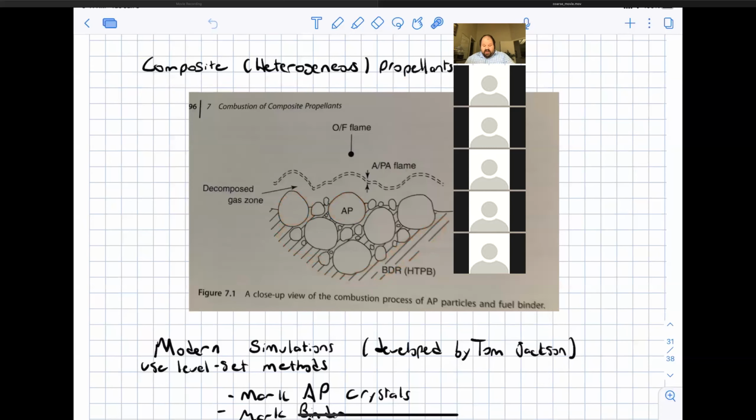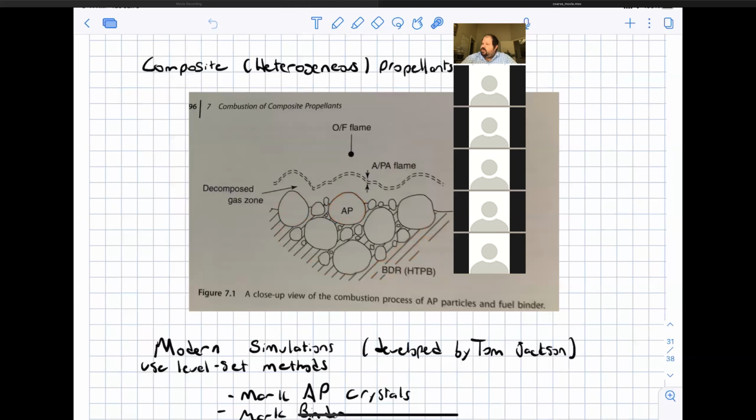And so this binder HTPB is basically a rubbery compound that holds everything in place, and it acts as a pure fuel normally. There is research into making binders energetic too, which would help things along for both propellants and explosives. And then you've got the oxidizer crystals.